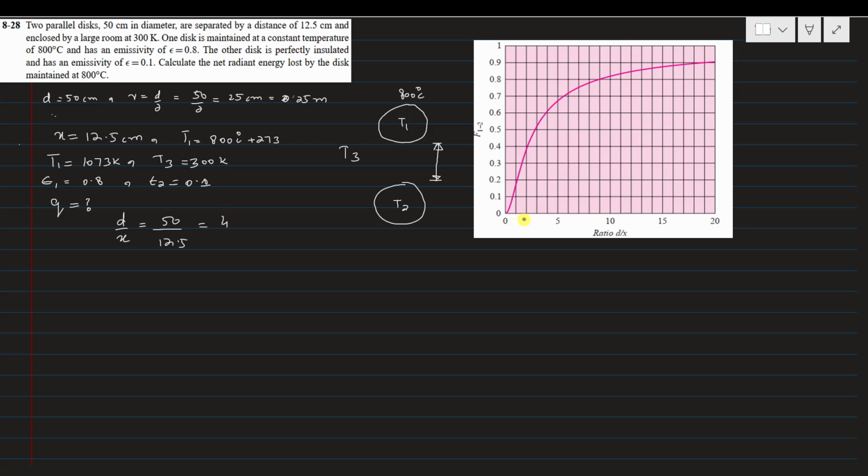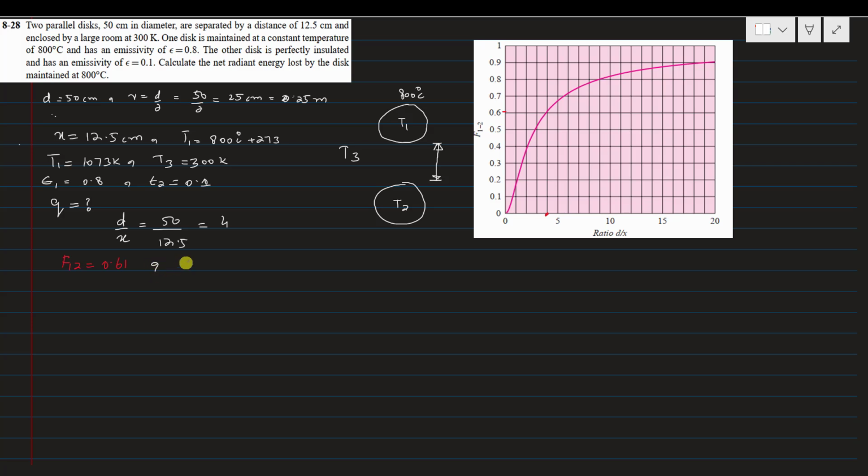So look at this graph, the d by x ratio that lies here is 4. Just move forward until it coincides with this curve, and it will give you the shape factor 0.61. The shape factor between these two discs is 0.61.